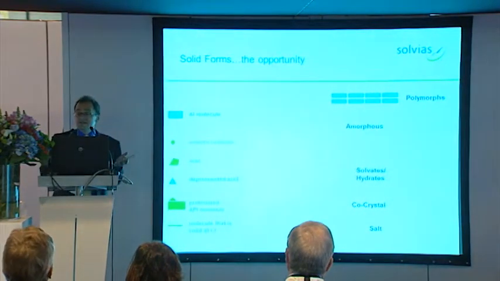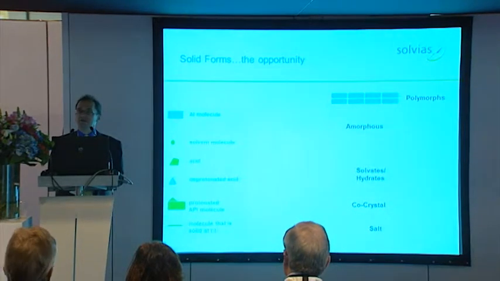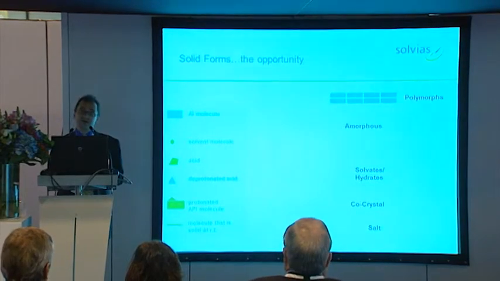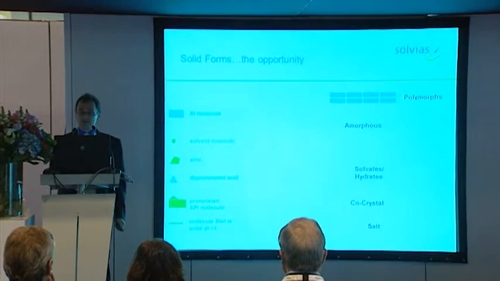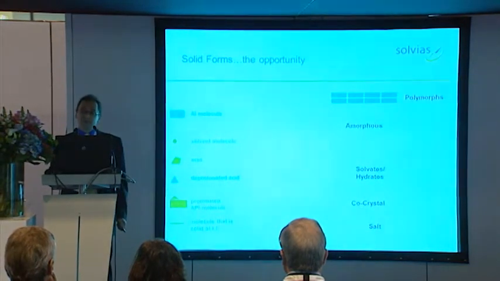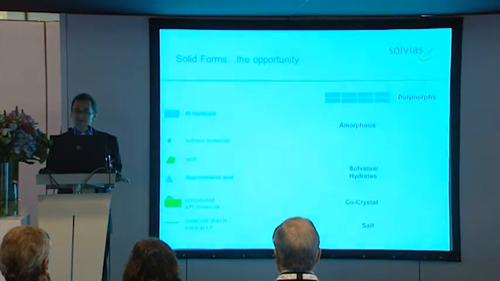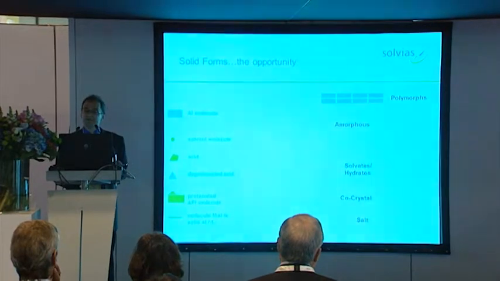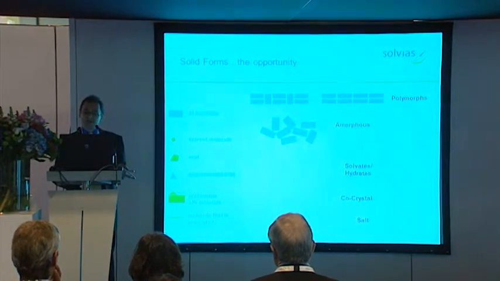As you know, the majority of drugs on the market are on the market as solids, and that means you have a vast array to choose from. You could market the API as such, as a pure molecule, and then there's the possibility that it can exist in different polymorphs. You could use the amorphous form.